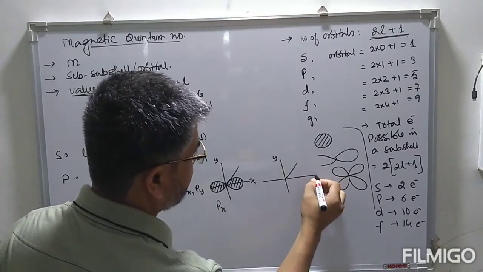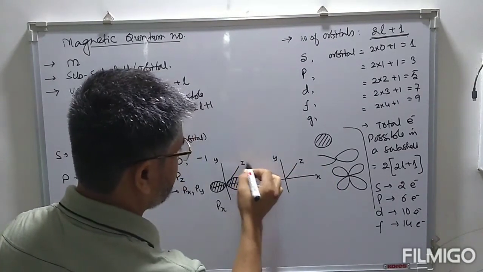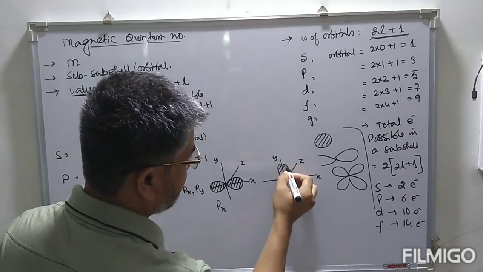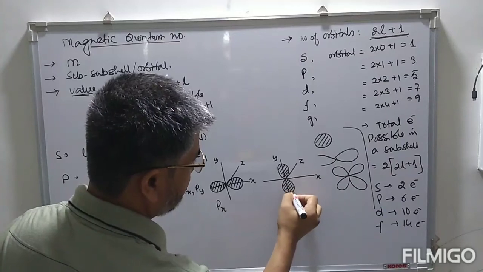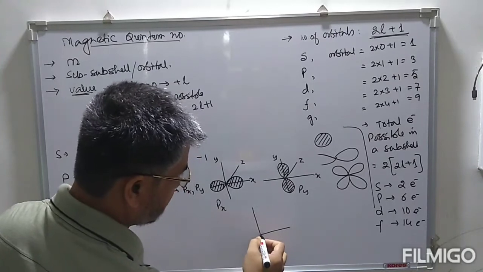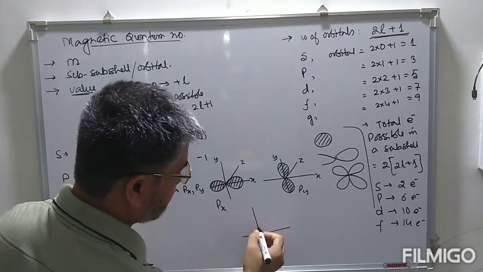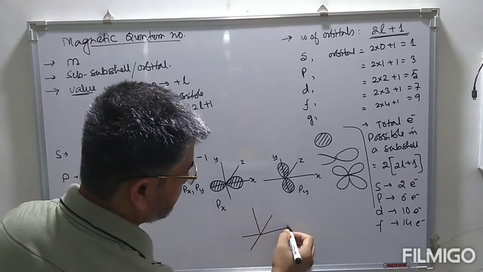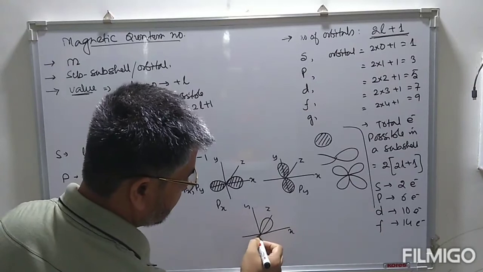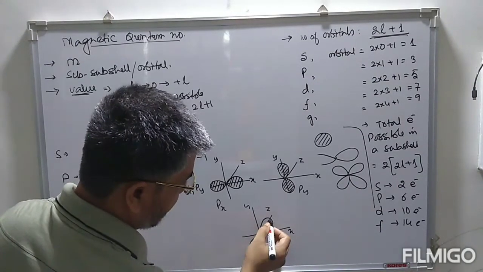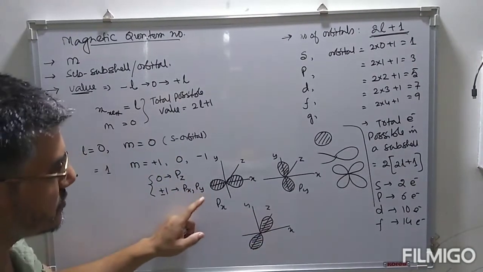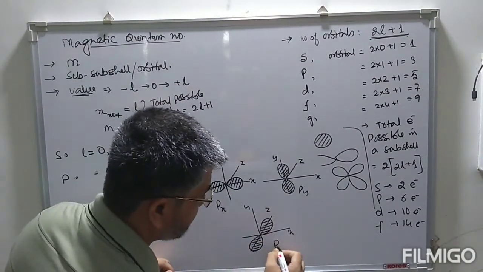That is Y, X, Z. This is Py. This is X, Y, Z. So the lobe of this dumbbell can have its orientation along x-axis, y-axis and z-axis.